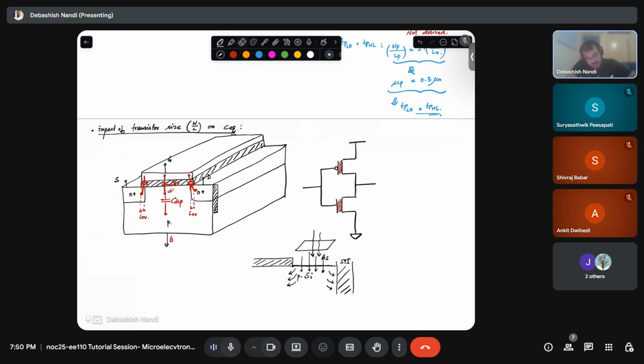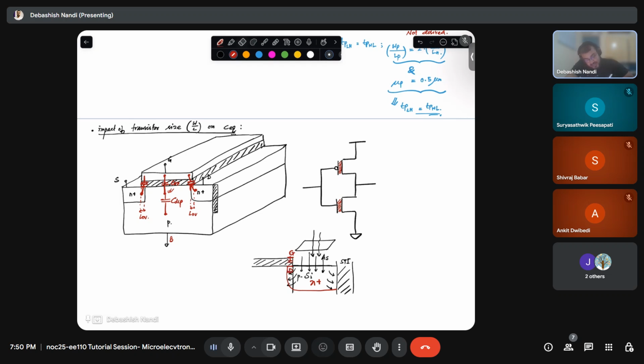However good your process can be, there will be a certain region under the oxide which will have this N plus diffusion.